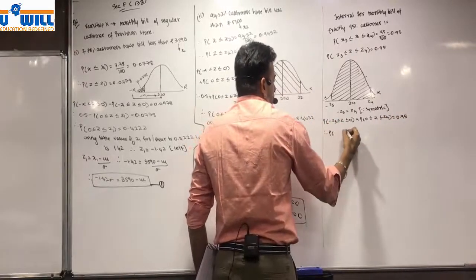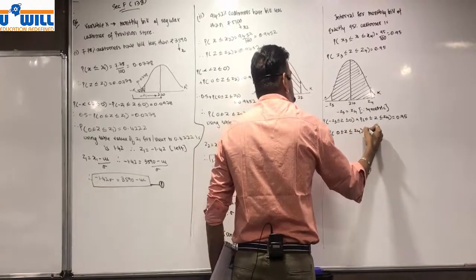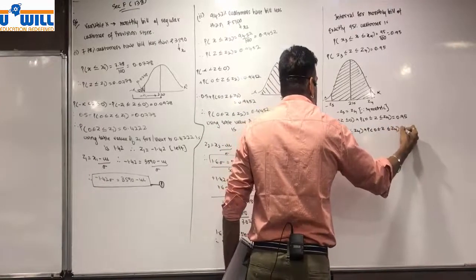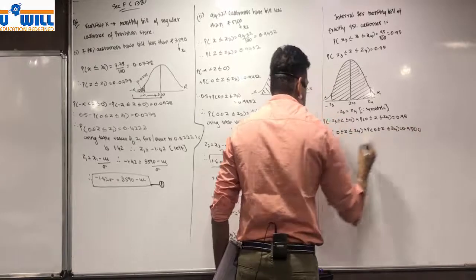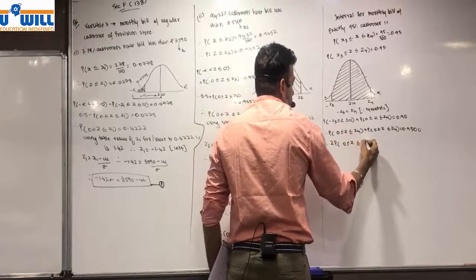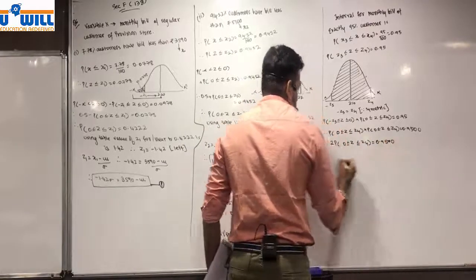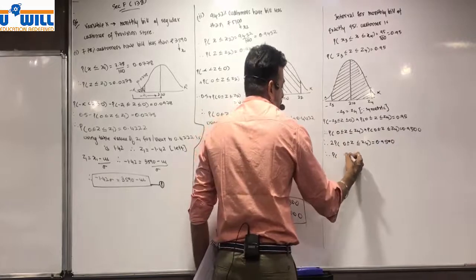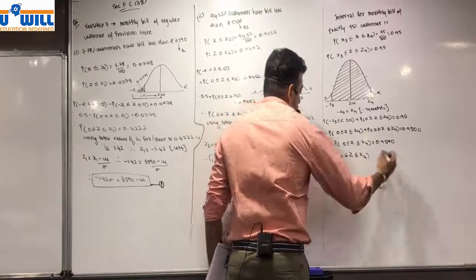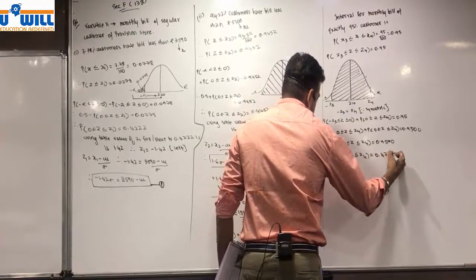Therefore, probability of Z greater than or equal to 0, less than or equal to Z4, plus probability of Z greater than or equal to 0, less than or equal to Z4, is 0.9500. Therefore, 2 times probability of z greater than or equal to 0, less than or equal to z4, is equal to 0.9500. Therefore, probability of z greater than or equal to 0, less than or equal to z4, is equal to 0.4750.